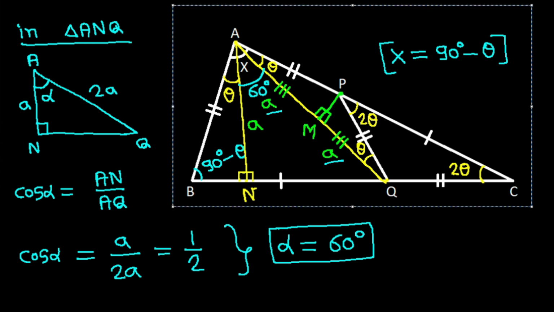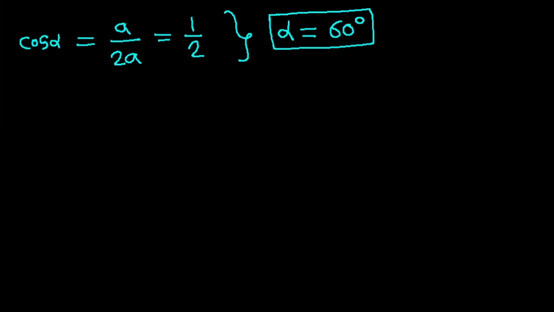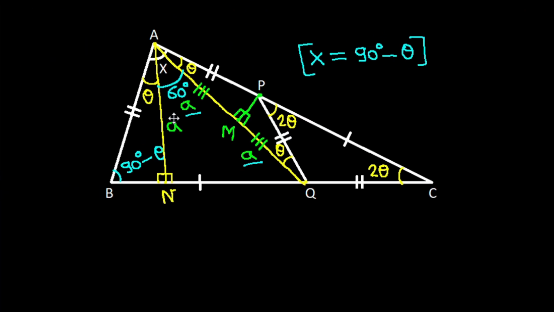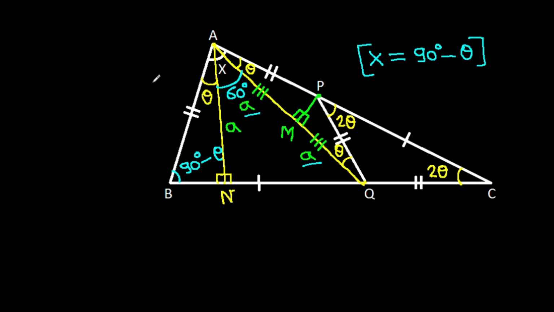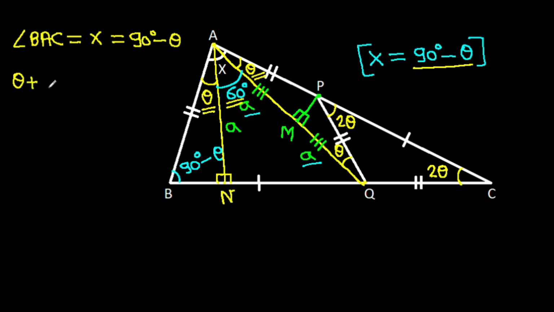And now we have angle BAC is X, that is 90 degrees minus theta, and angle BAC is theta plus 60 degrees plus theta.